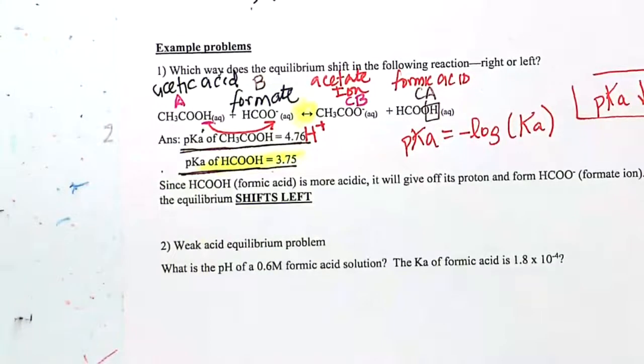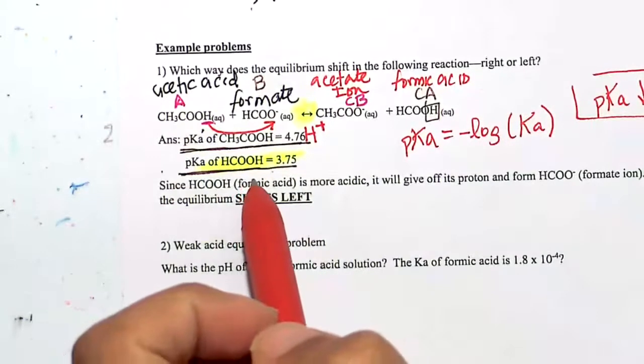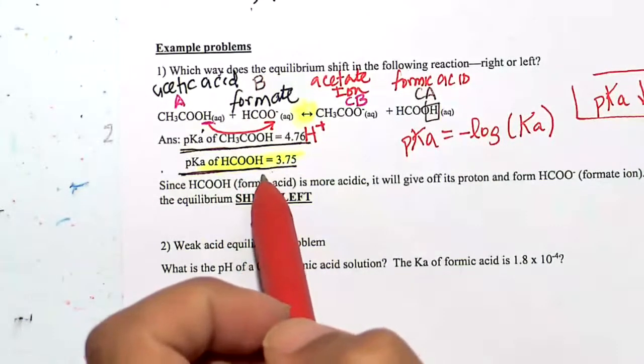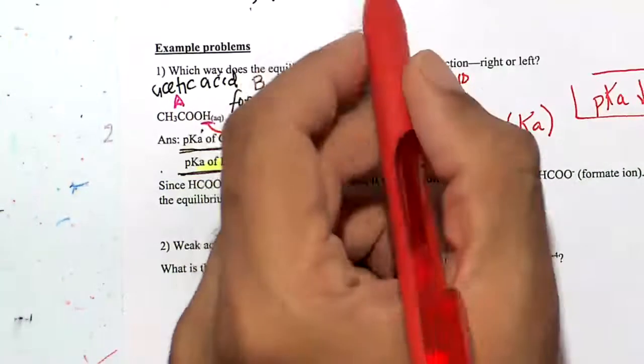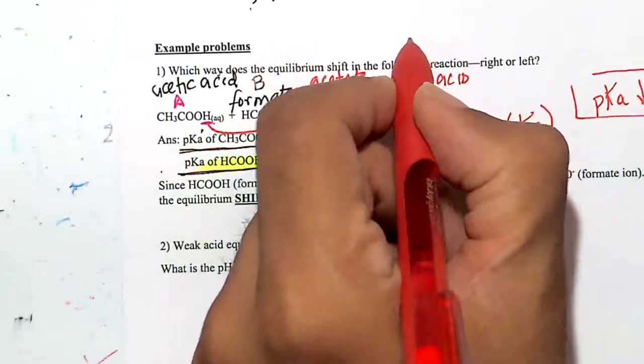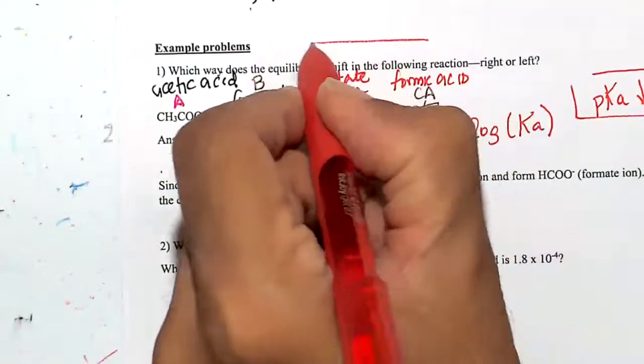So which way will the equilibrium go, right or left? Formic acid is going to give the proton more, so I am seeing this moving to the left. Do you guys agree with me? Why is it moving to the left?